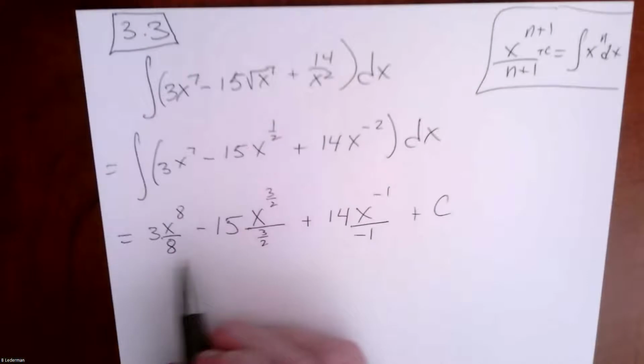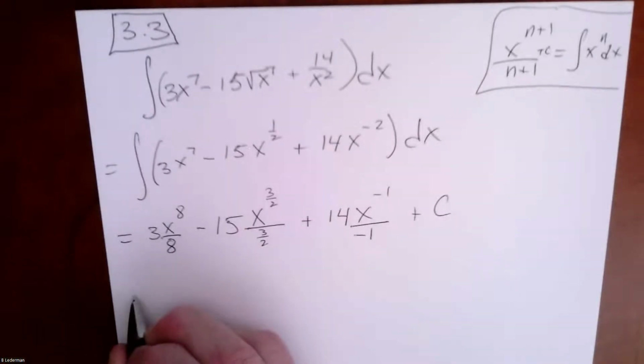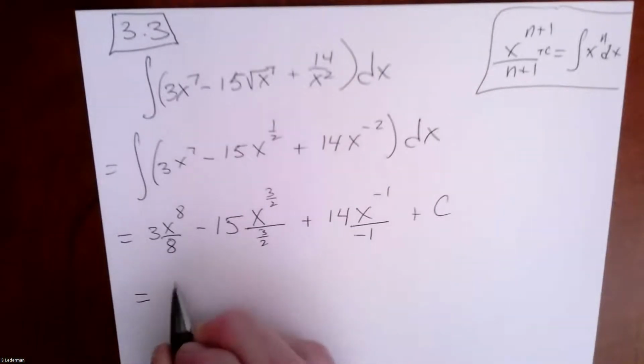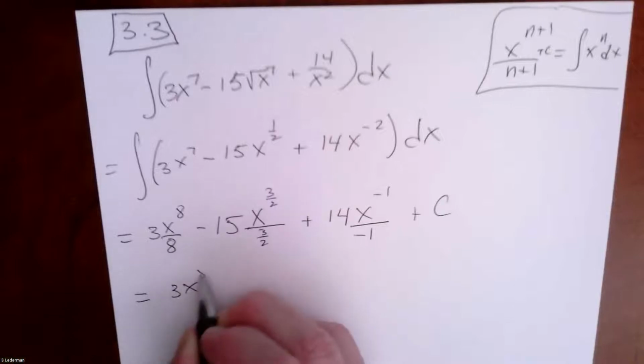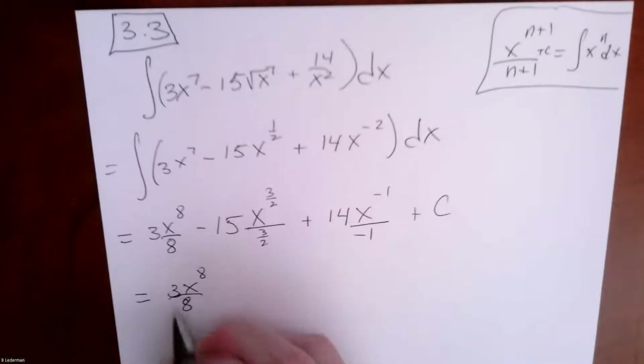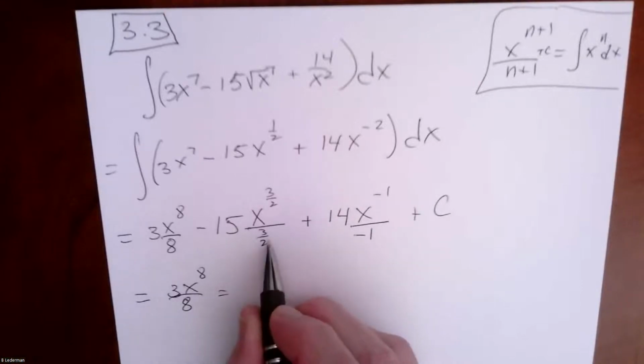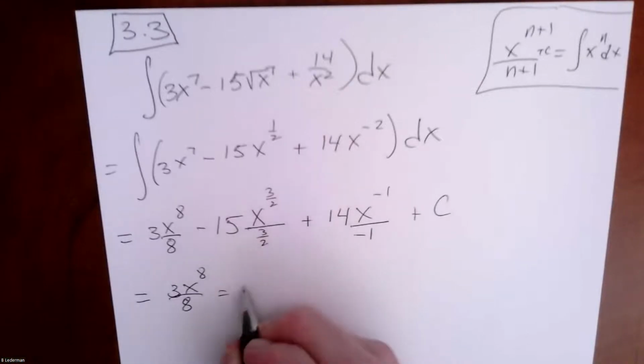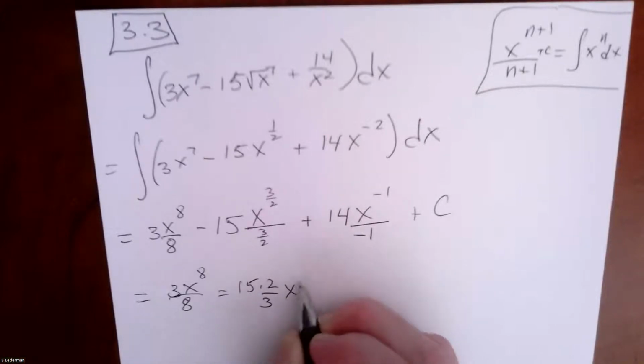So here we go. Let's just clean this up a little bit. This is just going to be 3x to the 8th over 8. Not much to clean up. Now this one here is going to be the 3/2. I bring it up to the top, so it becomes 2/3, again times x to the 3/2.